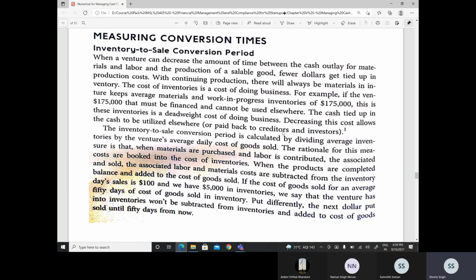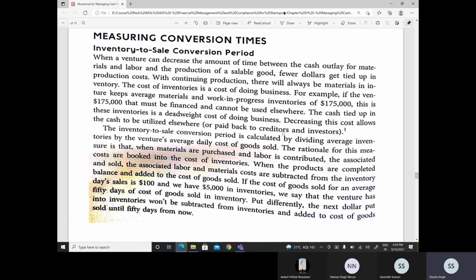For example, if the venture keeps average materials and work in progress inventories of $175,000, this is $175,000 that must be financed and cannot be used elsewhere. So you're tying up cash. The cash tied up in these inventories is a dead weight cost of doing business.